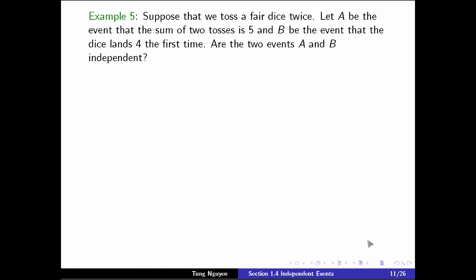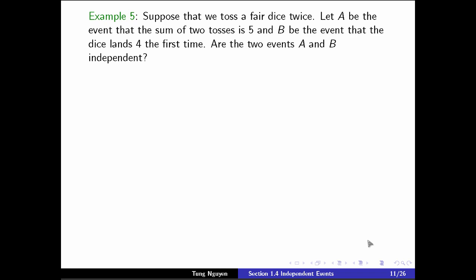In the next example, we toss a fair dice twice, and we let A be the event that the sum of the two tosses is 5, while B is the event that the dice land 4 the first time. We also want to know if these two events are independent.